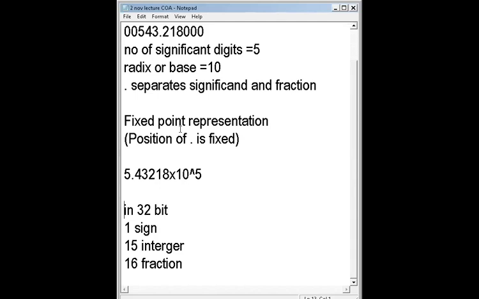That means 1 for negative and 0 for positive. The next 15 bits would represent the integer and the subsequent 16 bits would be used for the fraction. In this way, we can represent our binary numbers in 32-bit fixed point representation.